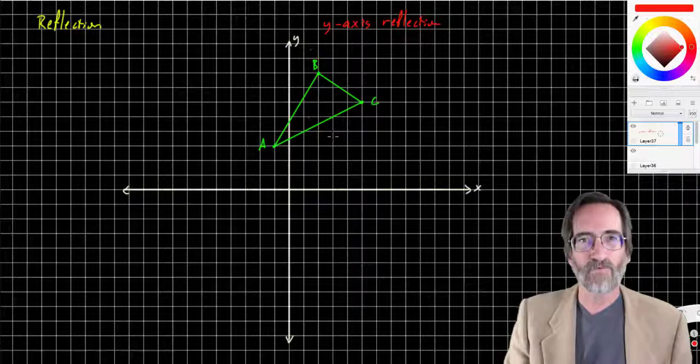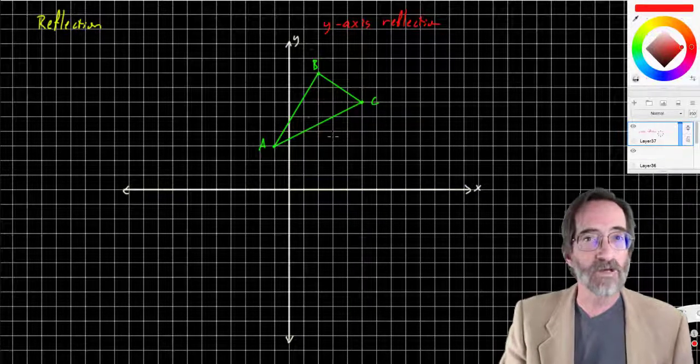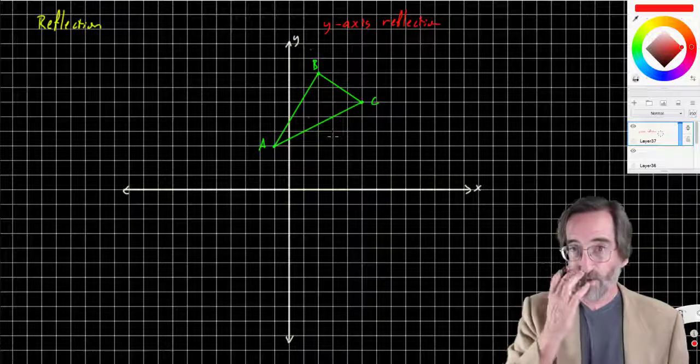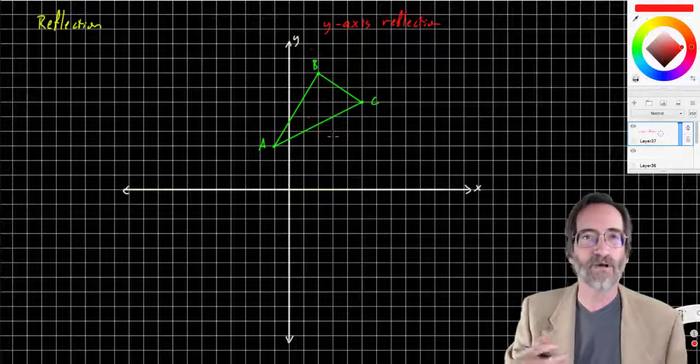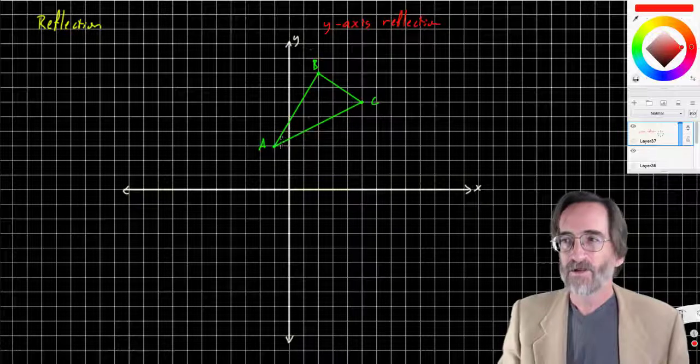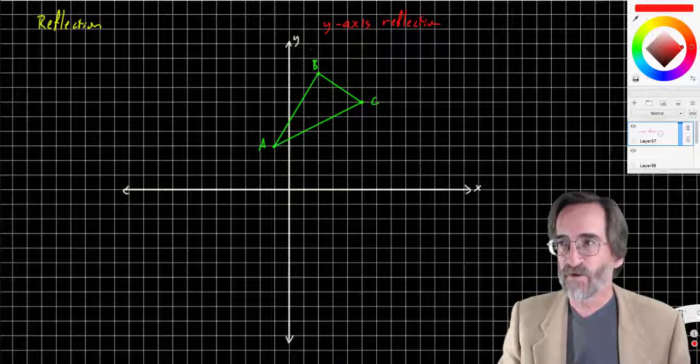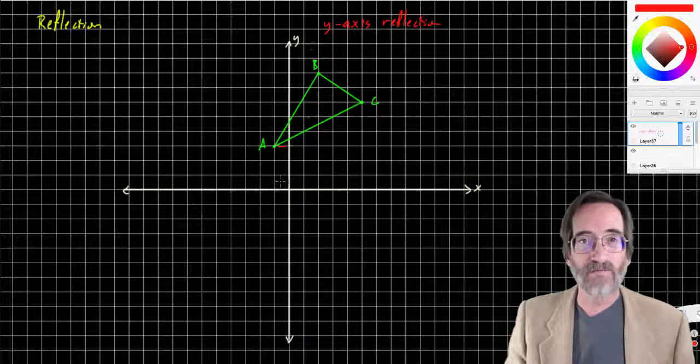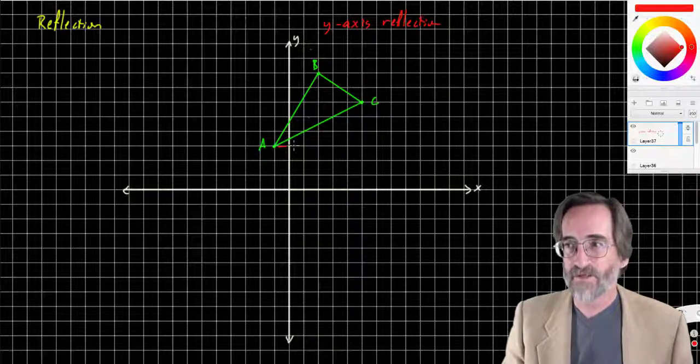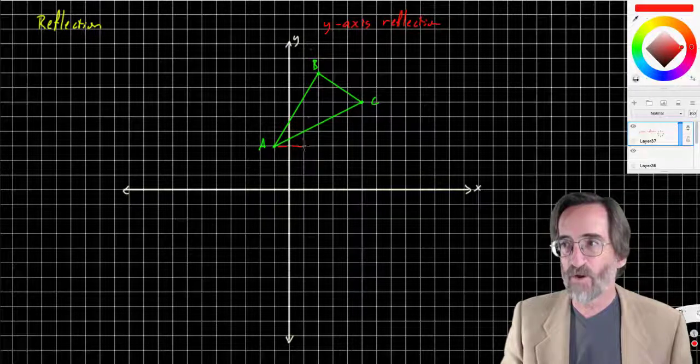If I stand closer to the mirror, my image appears closer. If I stand further from the mirror, my image appears further.